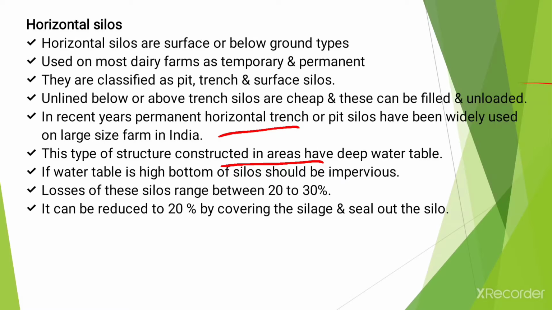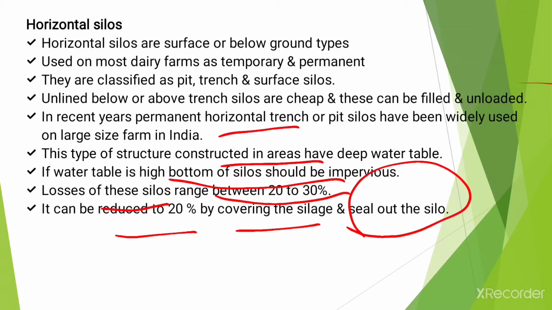If the water table is high, then the bottom of the silos should be impervious, or there may be chances of spoilage of the silage. Losses in these silos range between 20 to 30% during loading or unloading, and this can be reduced to 20% by covering the silage and sealing the silo.